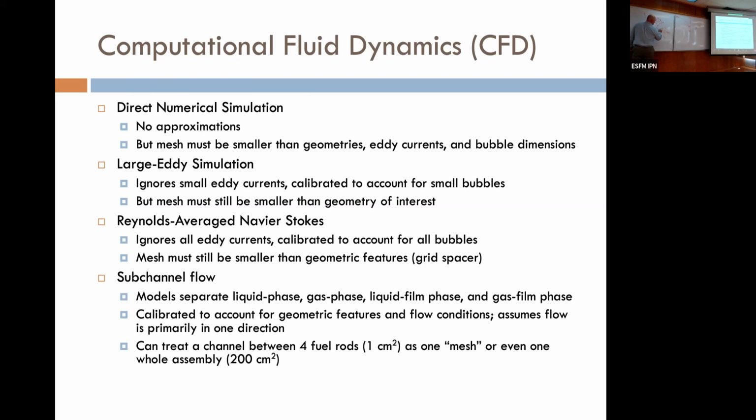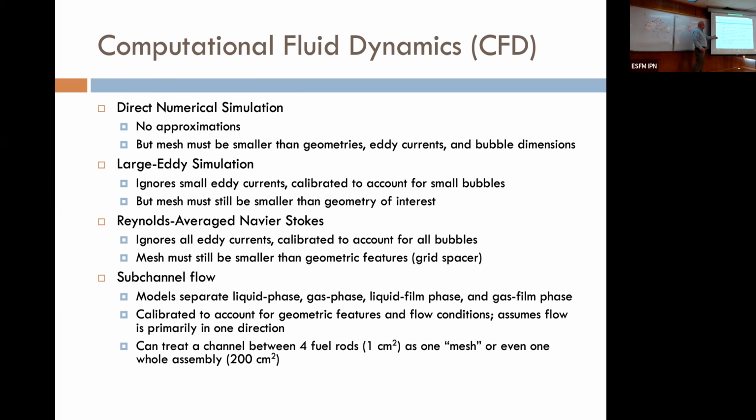And there is some flow perpendicular to the direction of flow that goes back and forth. But most of the flow we know is going vertical. And so I've created this very calibratable thing. I have to have a model for how much the pressure drops when I go across a grid spacer. How much does it drop when I go across the pump, when I go across the heat exchanger?